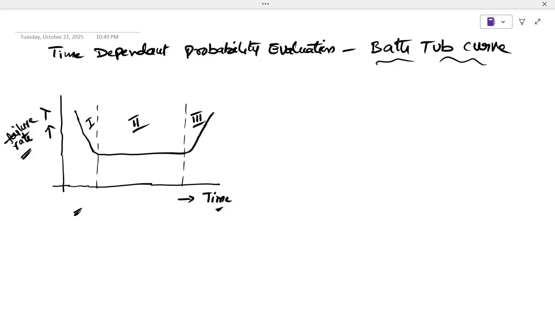As it is like a bathtub, this curve is nothing but the bathtub curve.